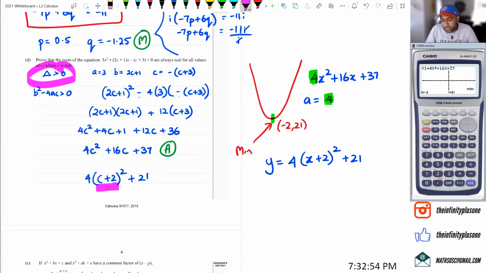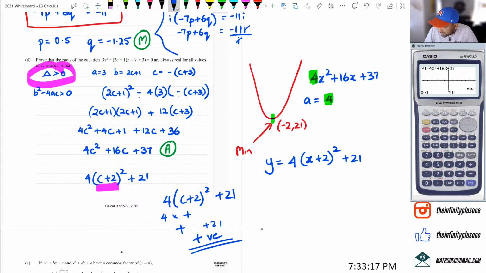Anytime you take a number and square it, it's always going to be positive. So c plus 2 squared is always a positive number. Then 4 times a positive number is also positive. And then positive number plus 21 is going to be positive.